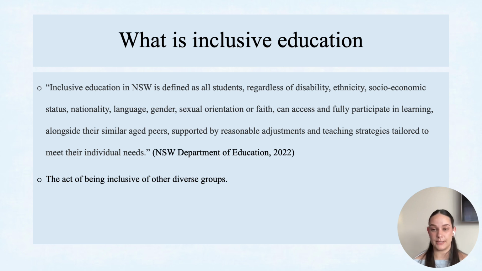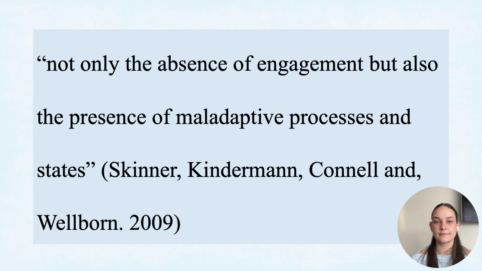So what is inclusive education? This is described by the New South Wales Education Department, and it is defined as all students, regardless of disability, ethnicity, socioeconomic status, nationality, language, gender, sexual orientation, or faith, can access and fully participate in learning alongside their similar aged peers. So this is pretty much just the act of being inclusive within their diverse groups as well.